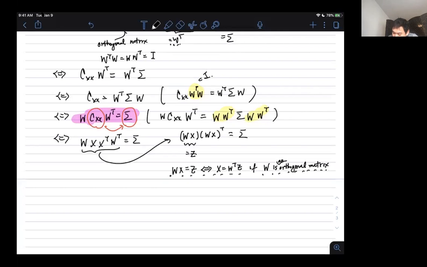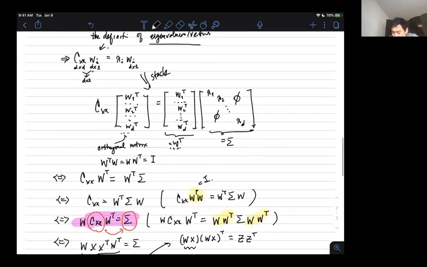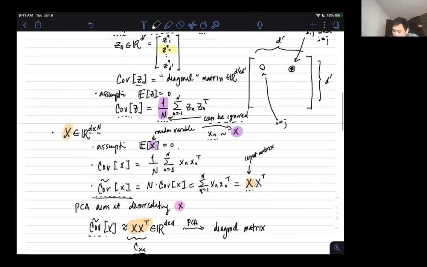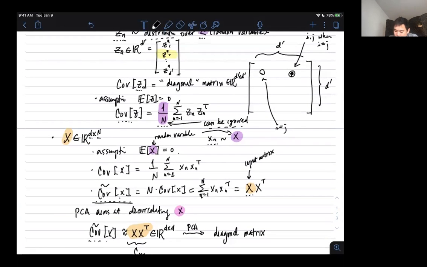Then, instead of writing it like this, if I write it down as Z times Z transpose, and we go back up, and if you remember how we defined the covariance of this Z, that was the sum of the outer products of the code vectors, and this is in fact identical to 1 over n Z, the code matrix, times its transpose.